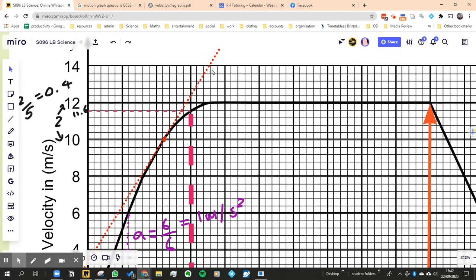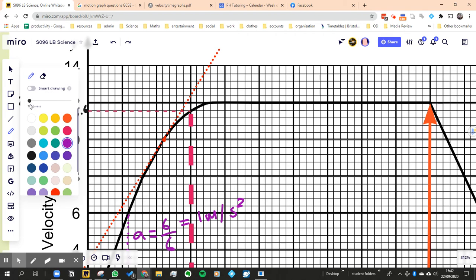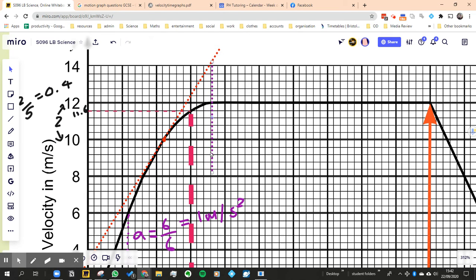So let's draw it from maybe from there downwards. I'm going to choose my pen, and choose smart drawing. I'm going to draw it from here all the way. Oh dear, it's not very straight. Let's see if it straightens it up. Awesome. Let's see if it'll let me move it this time.